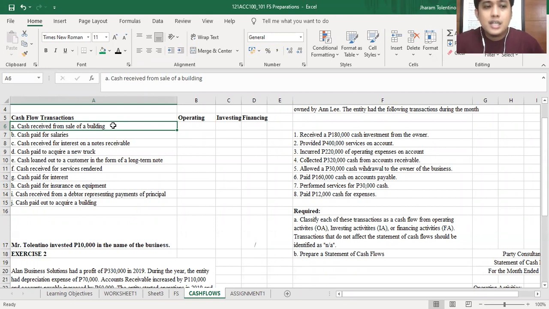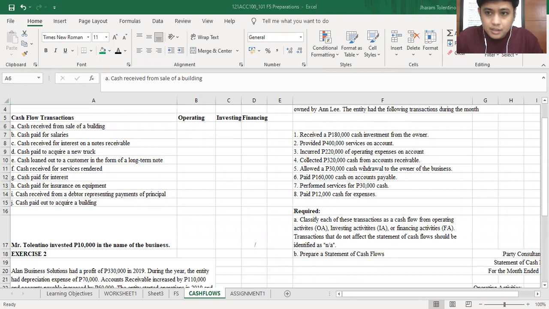So, cash received from the sale of building, yan yung binanggit ko kanina, saan yan pupunta? Okay, very good. Pupunta yan sa investing activity.